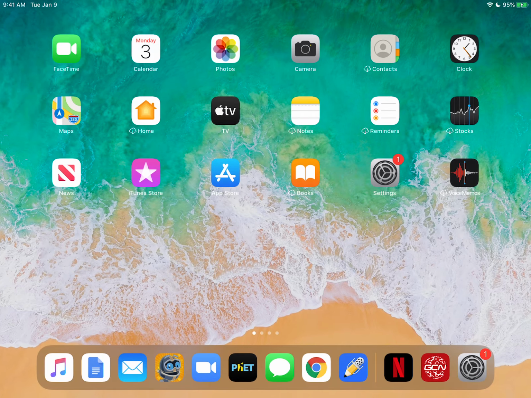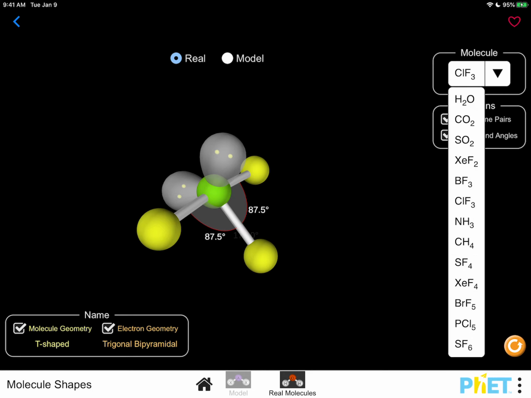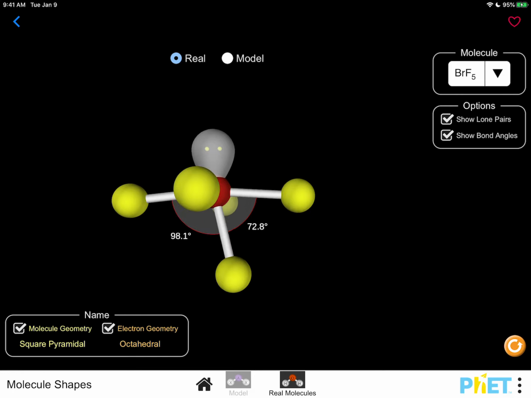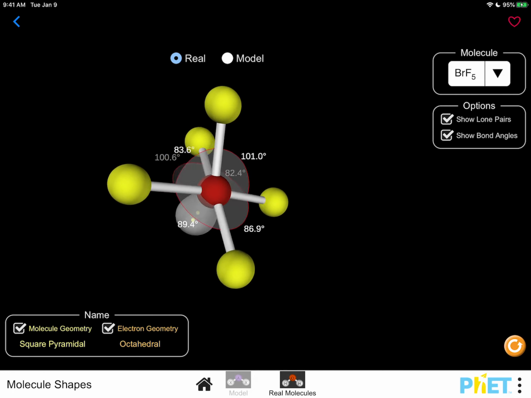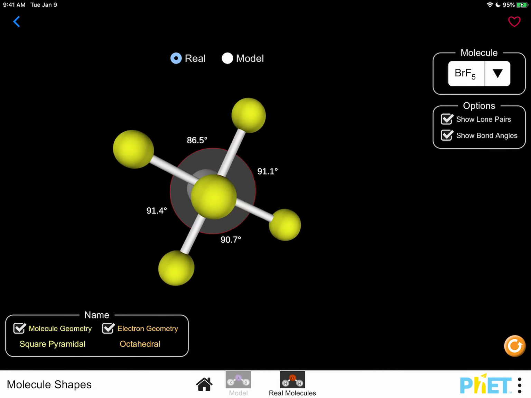Let's just do a quick check and see what they are. So let's go to our SbCl5. Do we have SbCl5? We have BrF5. That's good enough. That's the same. So if we look here, we see that all angles are about 85.